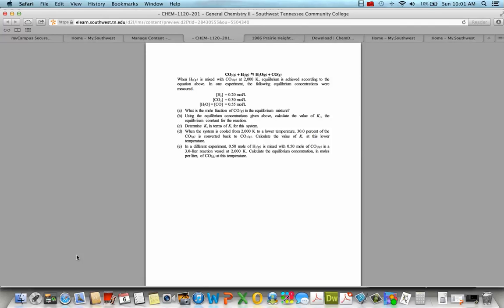So 2000 Kelvin corresponded to the temperature of our first reaction, so we know that that Kc is equal to 5.04. And we are going to begin with 0.5 moles of each reactant, and we want to determine how much CO we would have after equilibrium has been established.